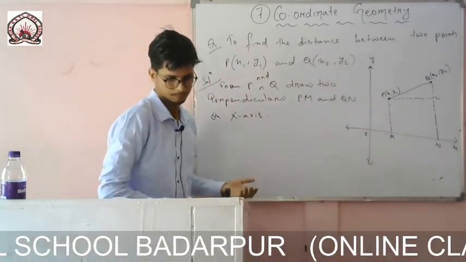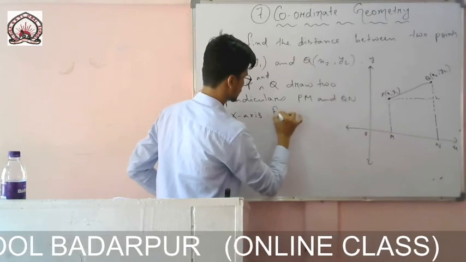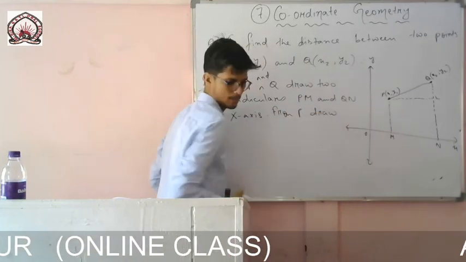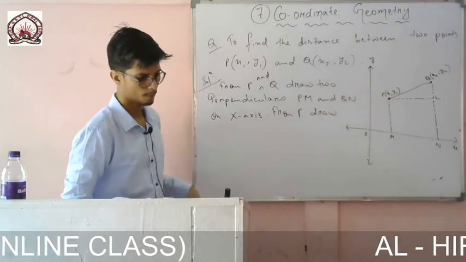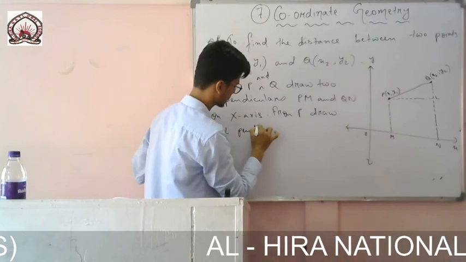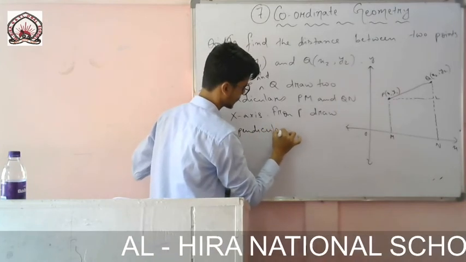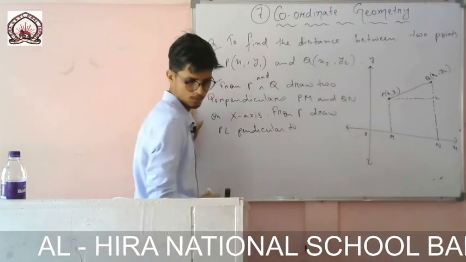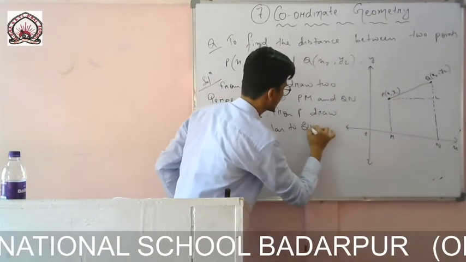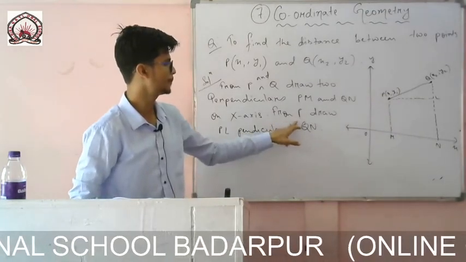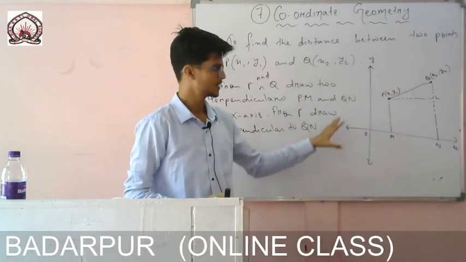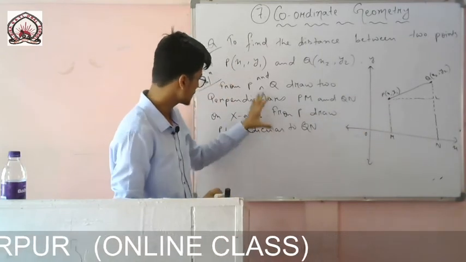So I'll write it: from P, draw PL perpendicular to QN, to the side QN.